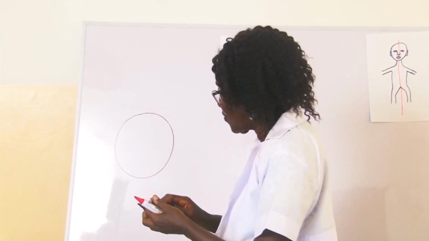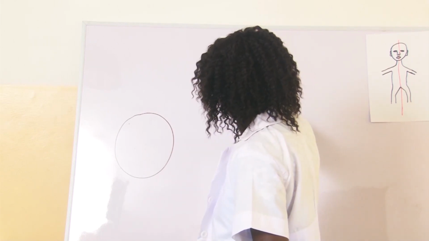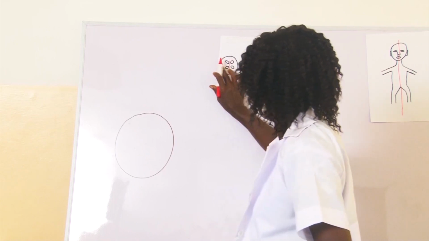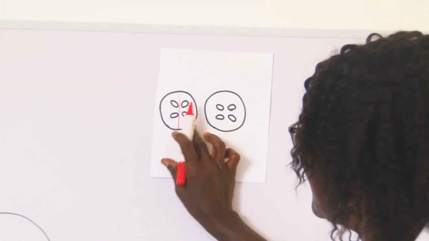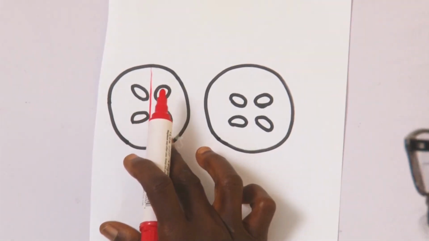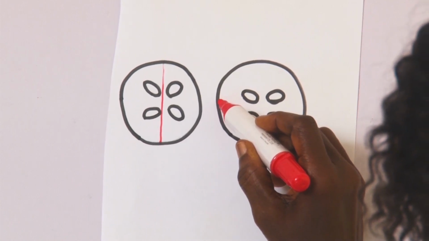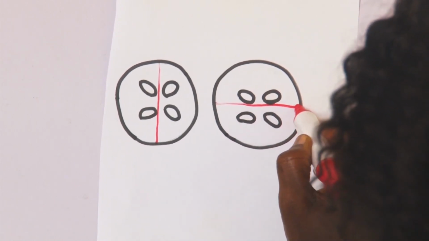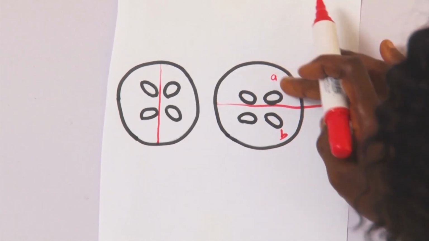We can cut this organism in this plane, and this half will be proportional and mirror images. We can also have a cut along this plane, and A and B will be the same.